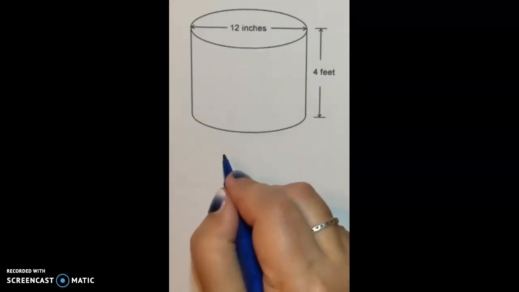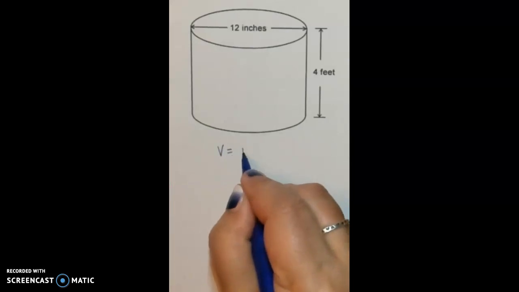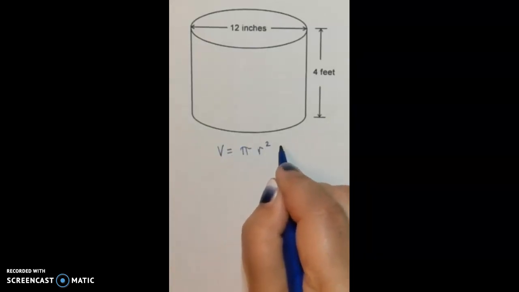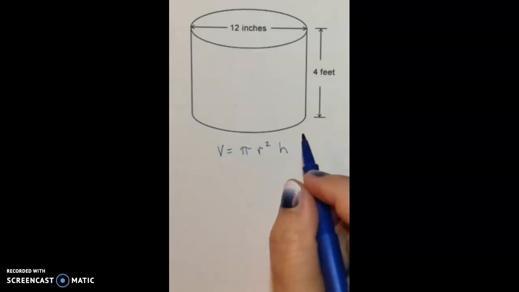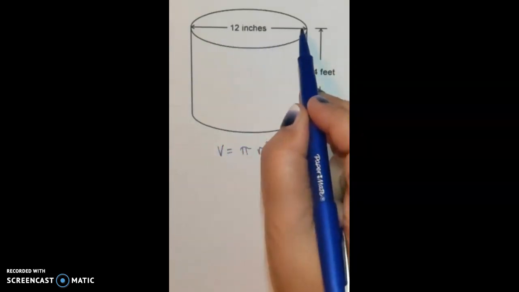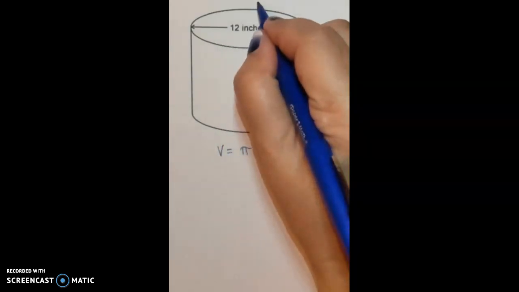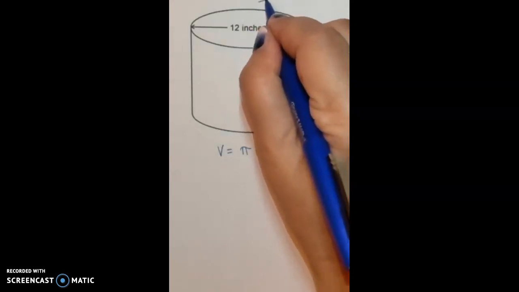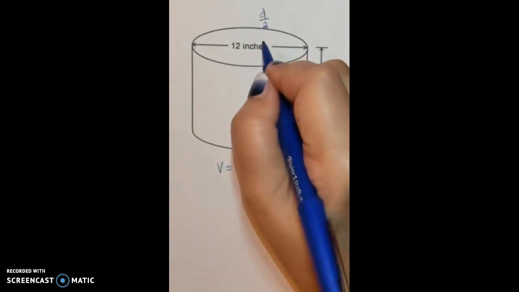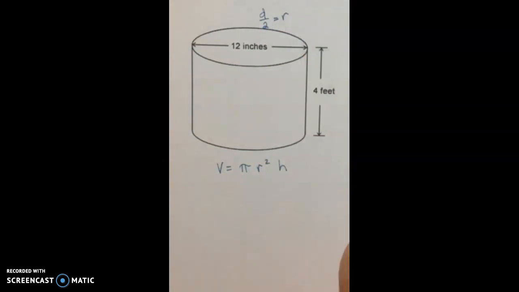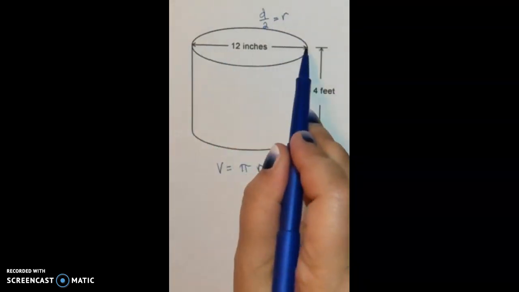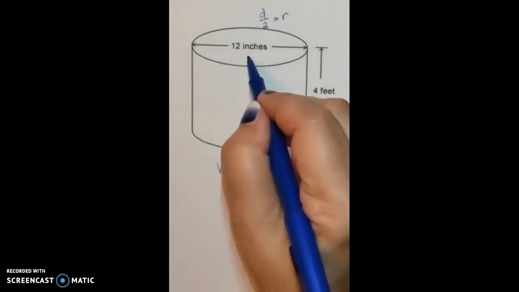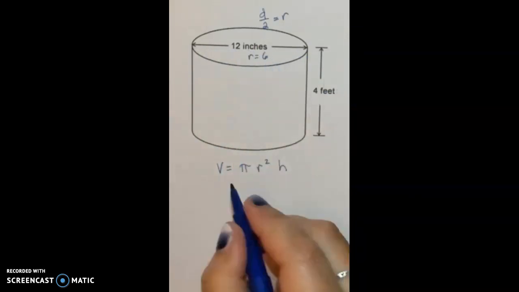However, our formula calls for pi times radius squared times height, and we don't need the diameter. So if they give you the diameter we need to take the diameter divided by 2 in order to figure out the radius. So 12 inches all the way across means that our radius will equal 6.